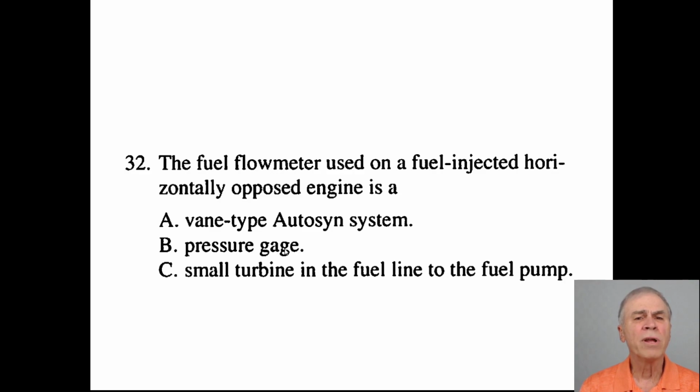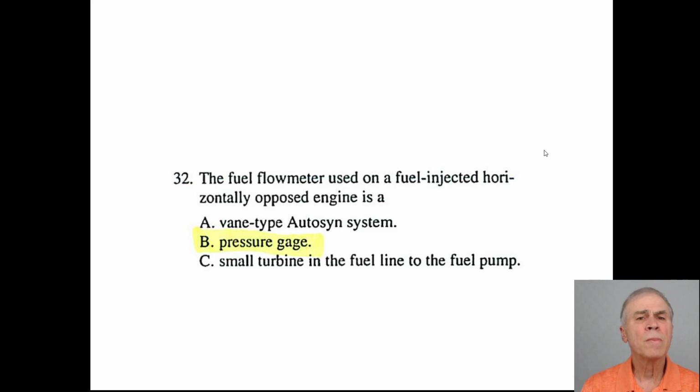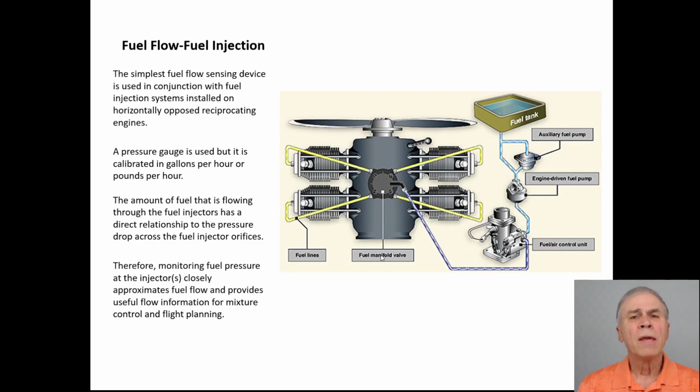So it's a pressure gauge. And here's an example of a fuel injected unit, and you're going to read the pressure close to the injectors. So in this case, there's 4 injectors.